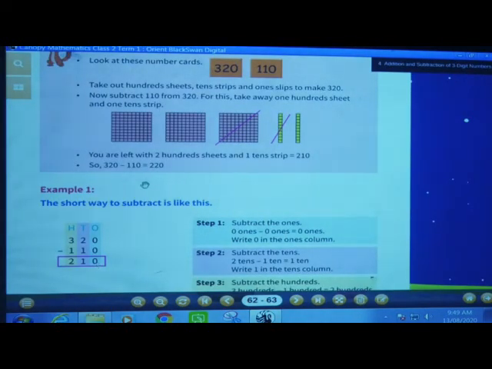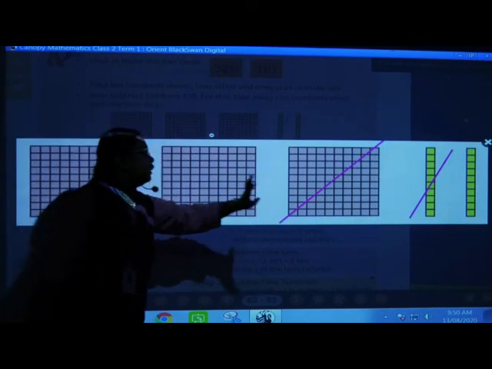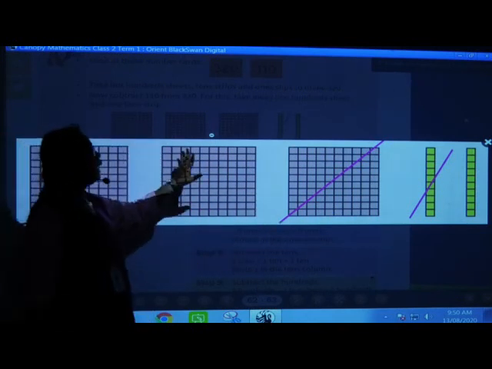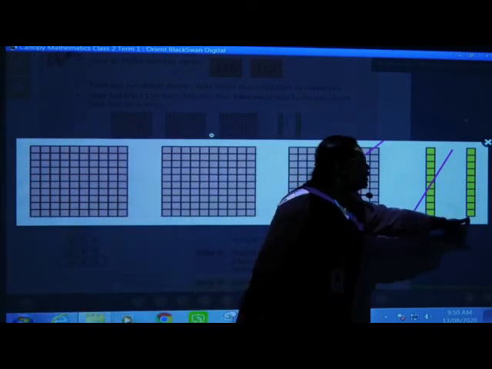So here you can see 300, 320. This is 2 tens and 0 ones. There is nothing, so 0 ones. So from this 300 you want to cut 110. So this is 300 and 320. This is 110 and this is 210.